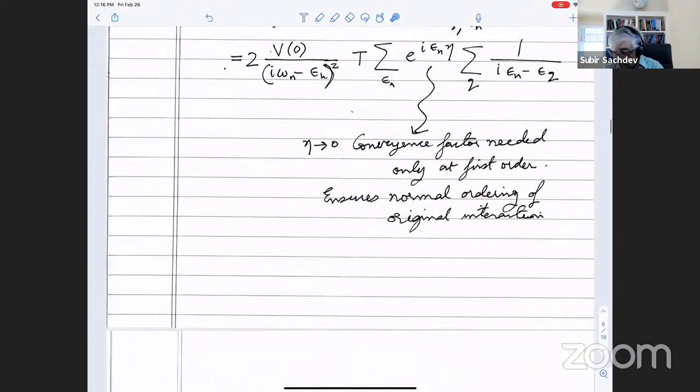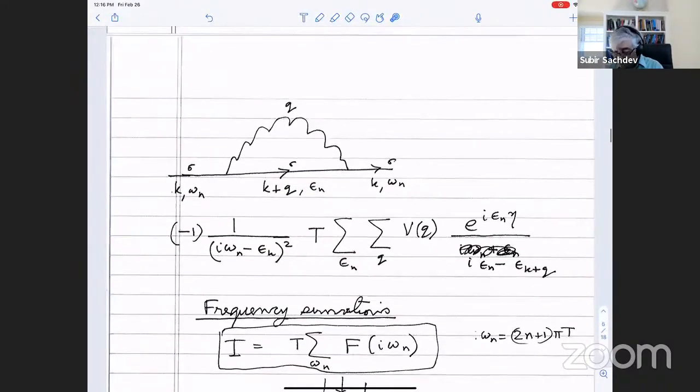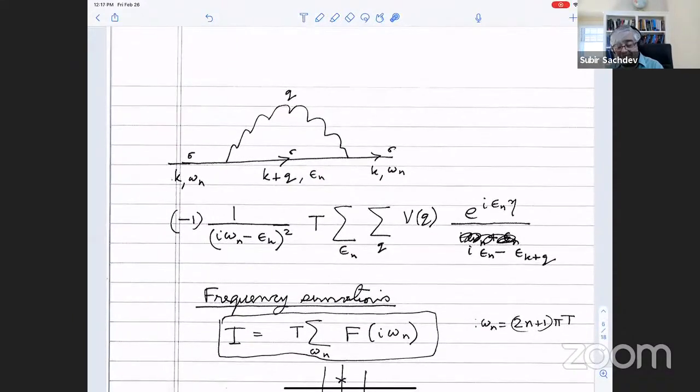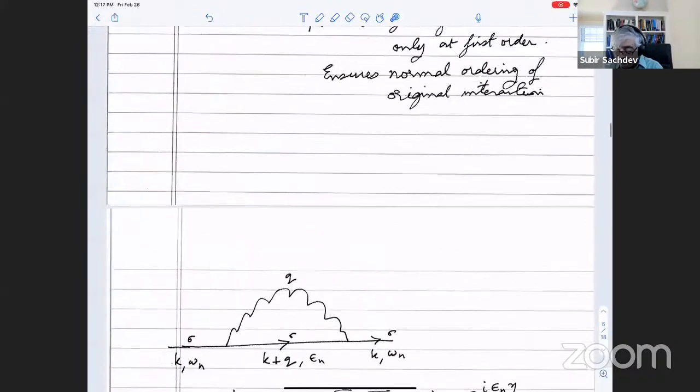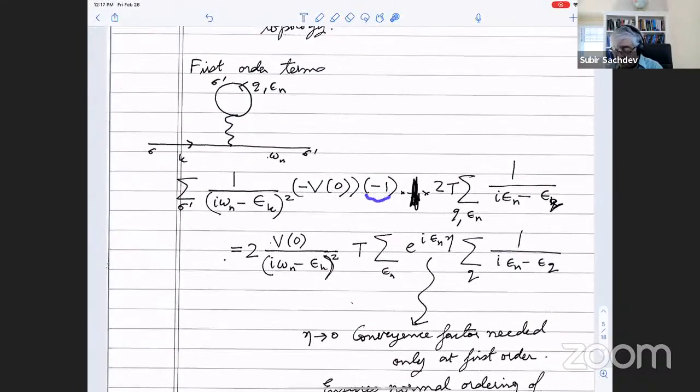All right, so what about this graph then? So this graph is almost exactly the same, except for two differences. One is that there's no fermion loop. So there's no fermion loop here, and therefore there's no extra minus sign. So here there were two minus signs, one from the fermion loop, one from the interaction.